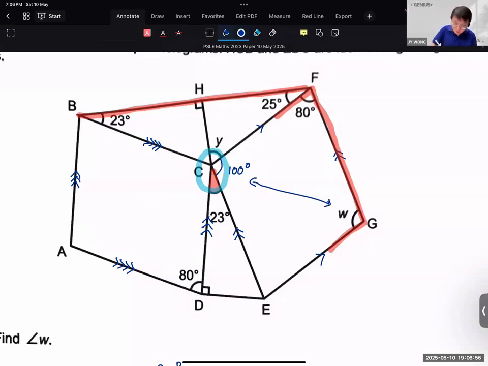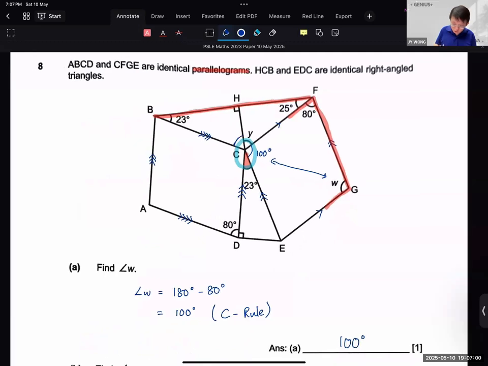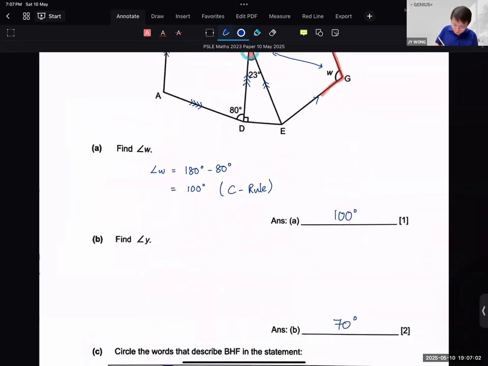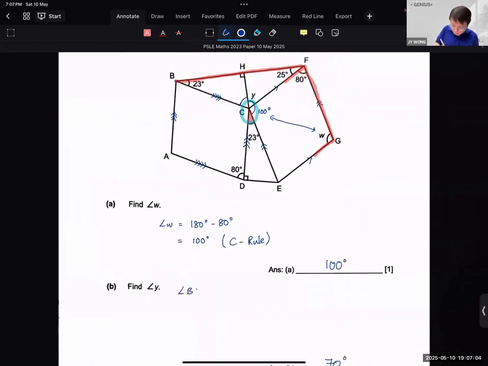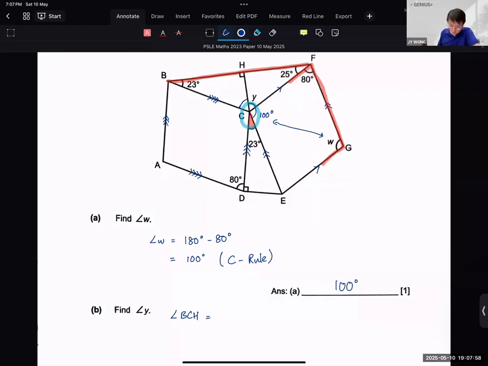Okay, then you can go ahead and find this angle over here, this angle BCH. The other thing that annoys me is when students don't label the angle that they are finding. And I still see that happen a lot. Don't make your examiners annoyed. Make sure you label everything that you're finding. So angle BCH here is 180 degrees minus 90 degrees minus 23 degrees because that is a triangle.